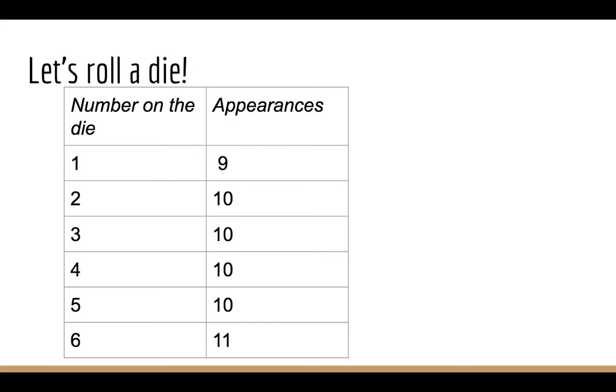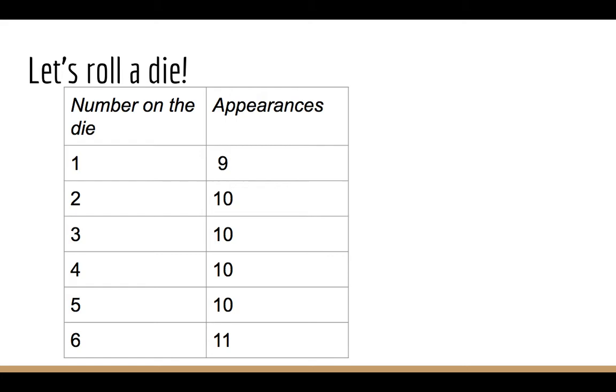These are the numbers on the die, and the second column marks the number of appearances, and you see that for 1 and 6 you have a discrepancy between the theory and the experiment. That sometimes happens when you're using probability models to say things about real life.